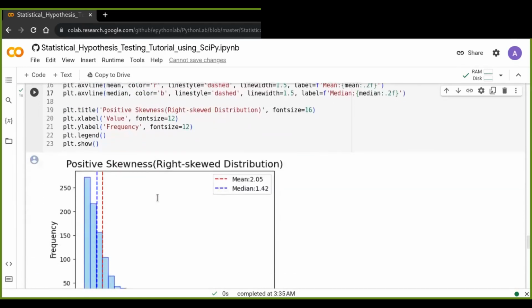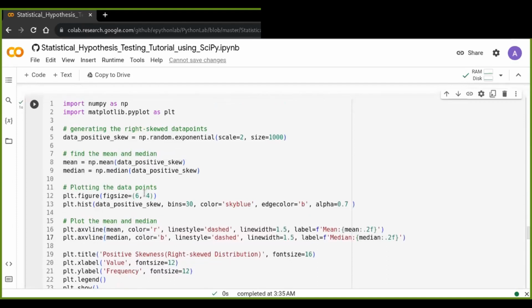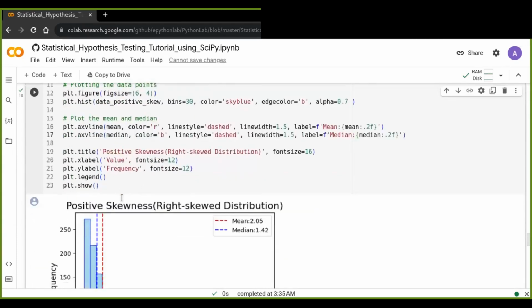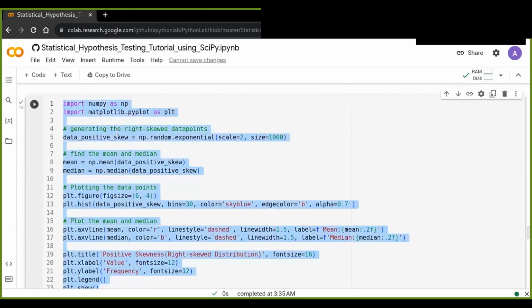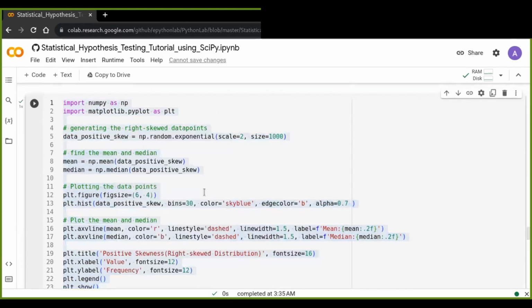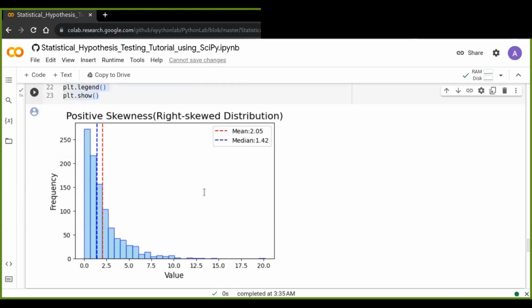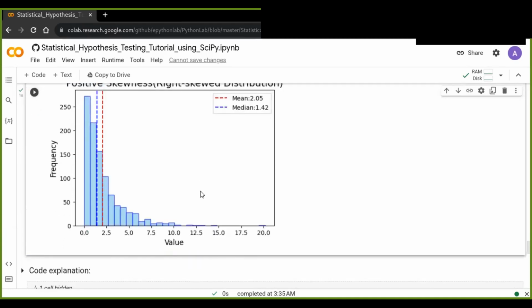So you can easily understand by following this step-by-step implementation whether the data is skewed to the left or right. You can implement the same strategy to understand whether the data is skewed negatively, which means a left-skewed distribution.